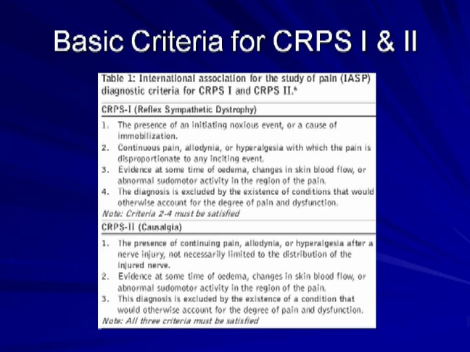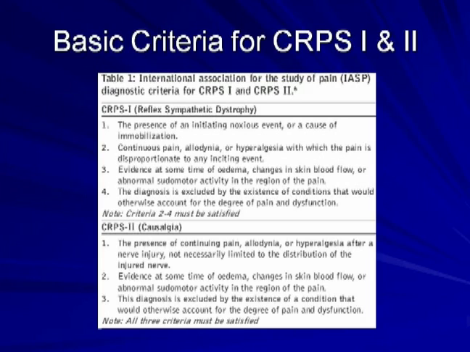And then they said, well, how do you make a diagnosis? This comes from the 1994 description. How do you determine CRPS 1, reflex sympathetic dystrophy, and CRPS 2, causalgia? For RSD, you needed to have the immobilization, and you had to have all of numbers 2, 3, and 4 present.